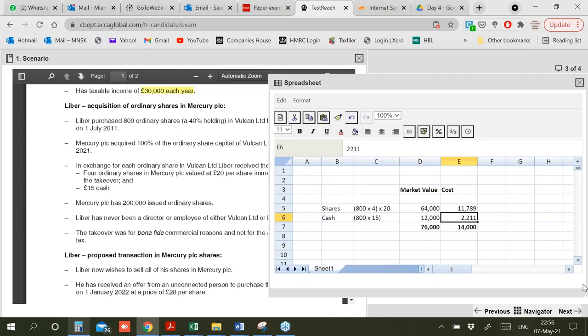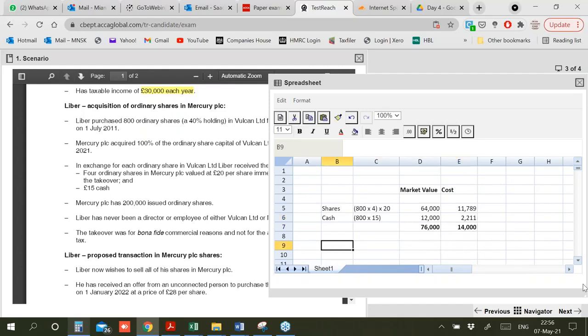Yes, these are only assumptionary calculations, calculated to compute the gain on the cash element of the takeover, because HMRC wants to charge you capital gains tax on the cash element of the takeover.